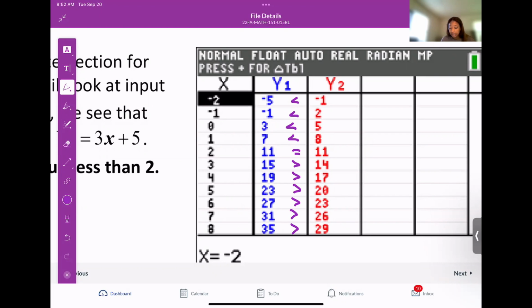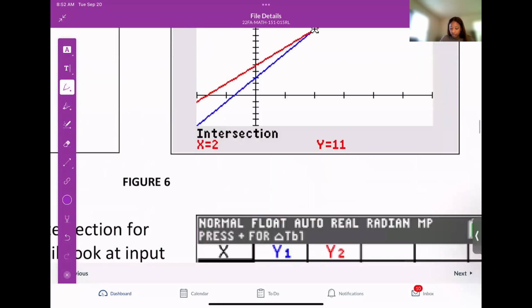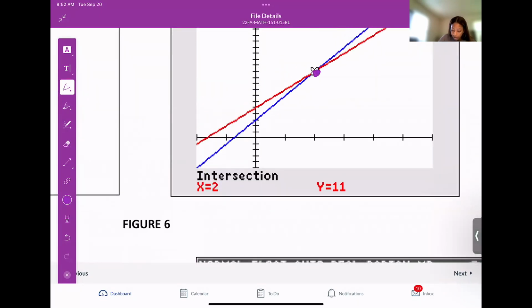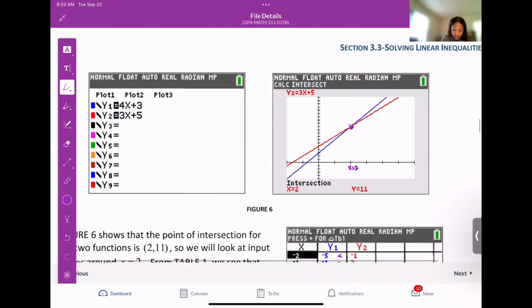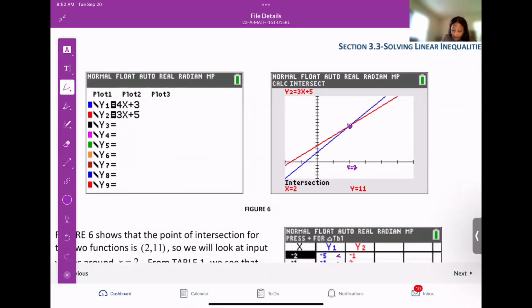So what's this telling us? And we can match this up with the graph too. At this point where x is equal to 2, y1 and y2 are equal, but we see before that, which one's the red equation? Before that, y2 is greater than y1, and after, y1 is greater than y2.